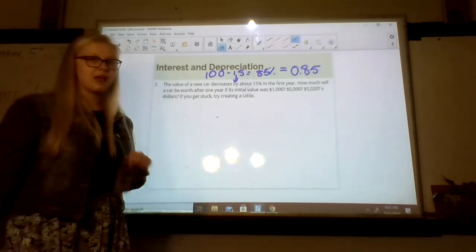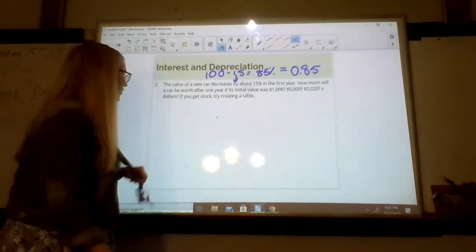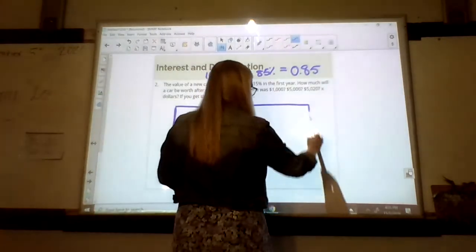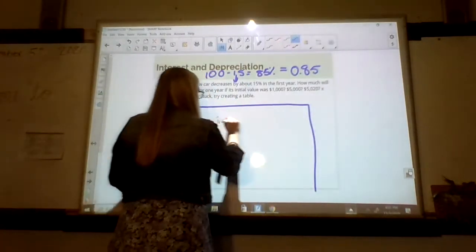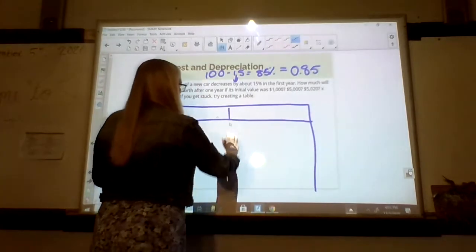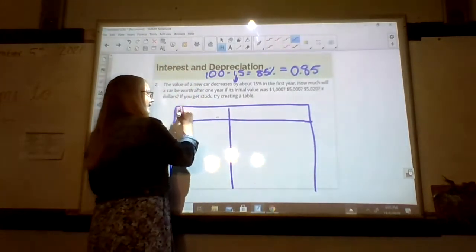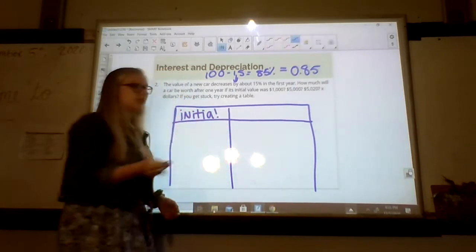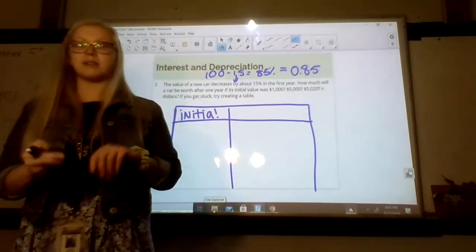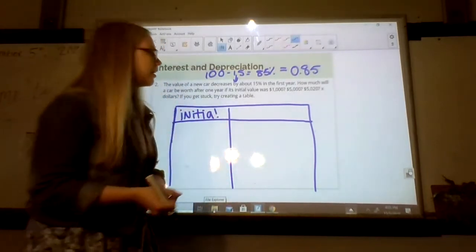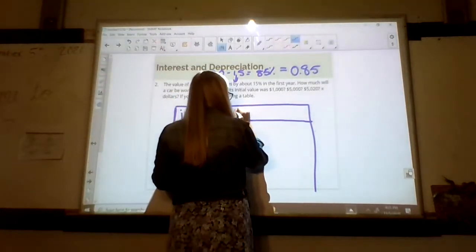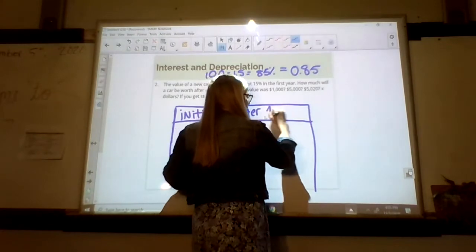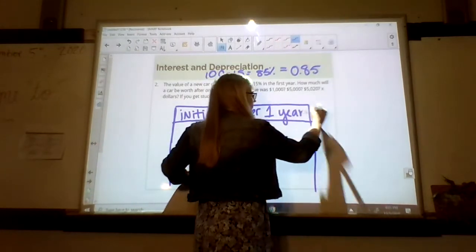Okay. Welcome back. I'm going to keep moving on. So, I really like tables. Tables are my jam. So, we know our initial amount. We know the initial or the starting price of the car. Then, we're trying to find the price after 1 year.